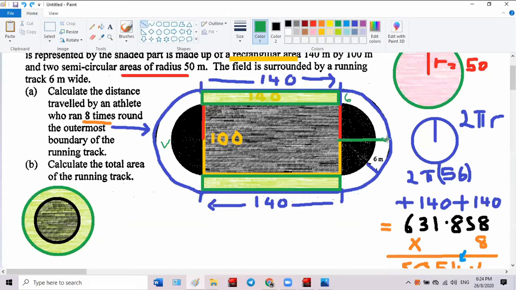You look at the picture, you should know. 56. Why? 50 plus 6. 50, which is this radius, plus 6.